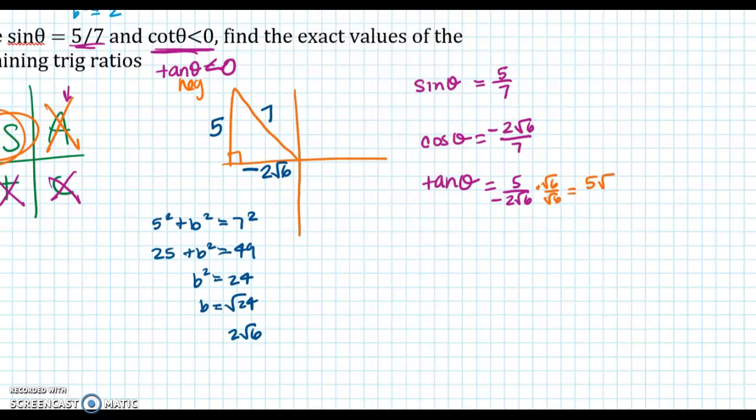So I have 5 root 6 over 2 times 6, so that's 12. And you can put the negative wherever you want. Typically, we usually write it in the front of the fraction, or we write it up at the top, but it's not wrong if you keep it in the bottom.